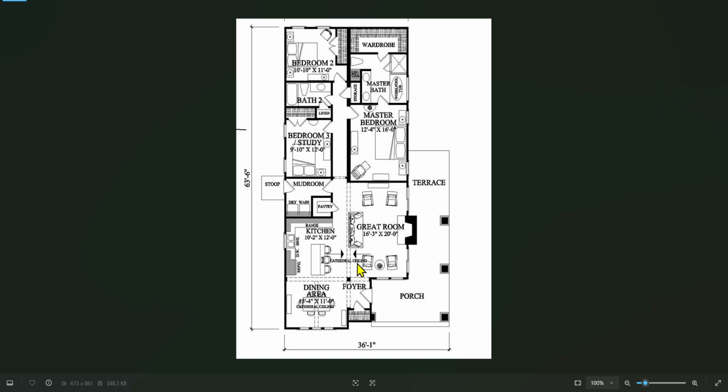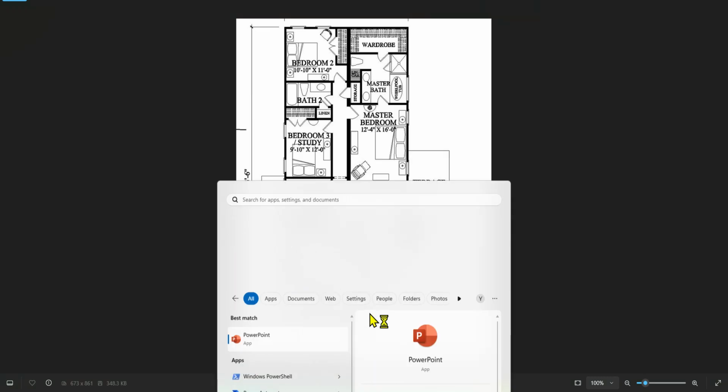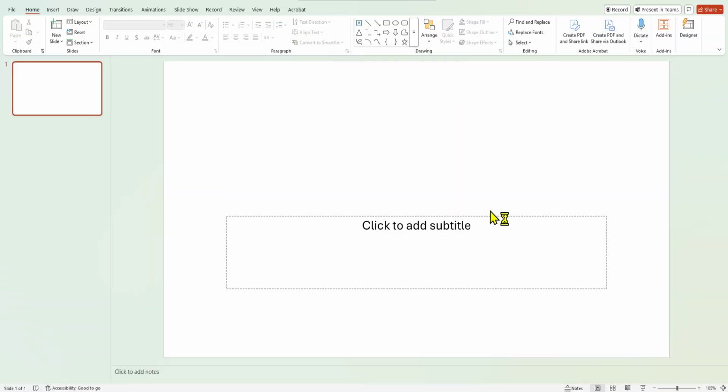Now I need to take into account this cathedral ceiling. So what is that and why does that matter? Well, here's what I'm going to do. I'm going to open a PowerPoint just so that I could draw. Now it's a little tricky because they don't actually give us the height.